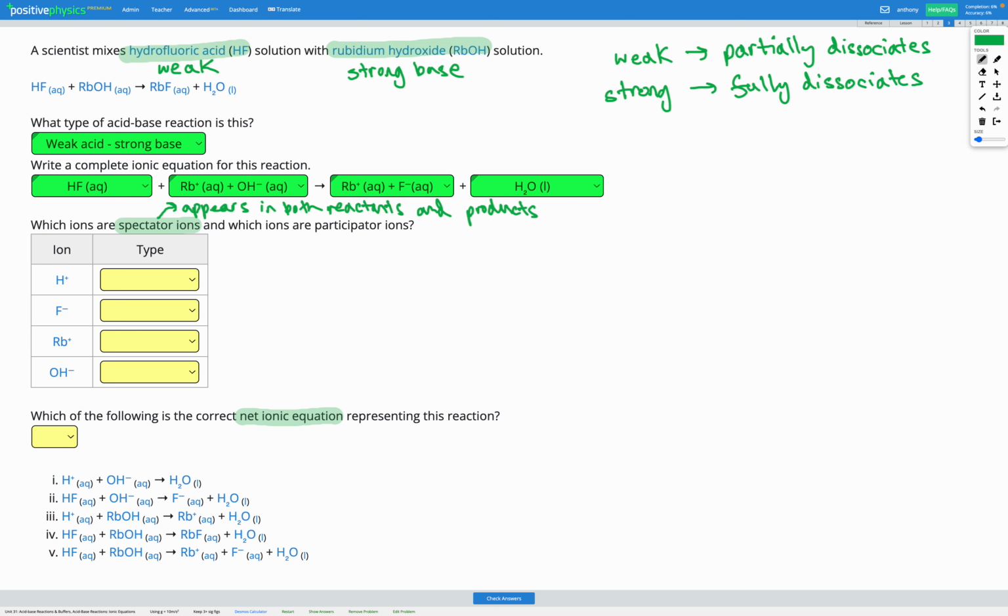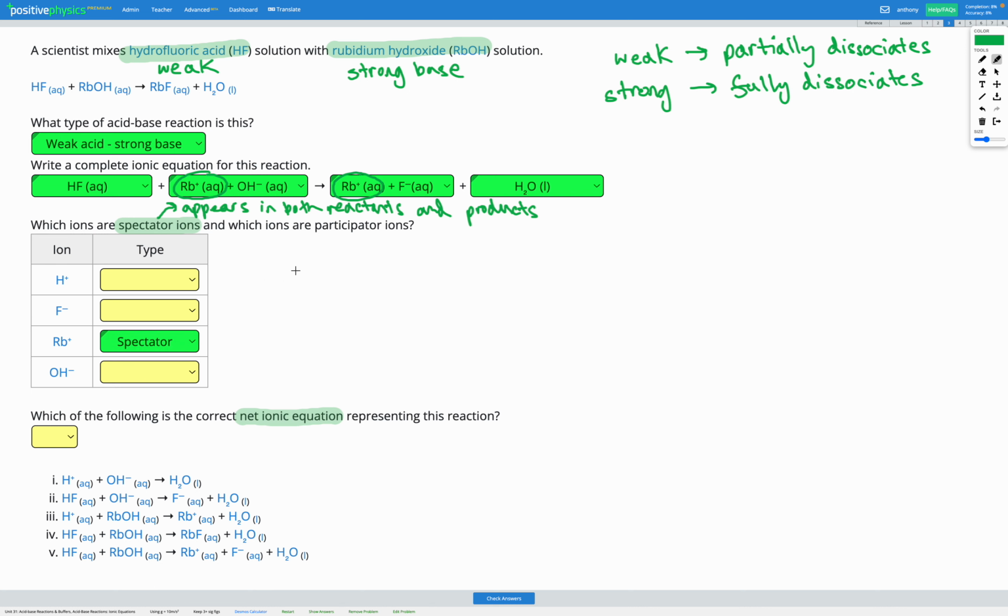HF only appears in the reactants. Rb plus, that appears in the reactants and the products. OH minus only appears in the reactants. F minus only appears in the products, and H2O only appears in the products. So rubidium plus is going to be a spectator ion in this question because it appears on both sides of the equation.